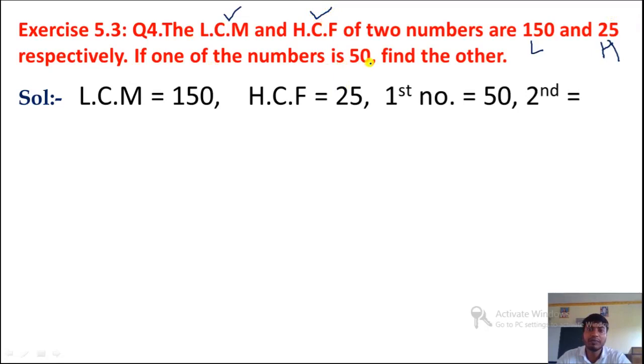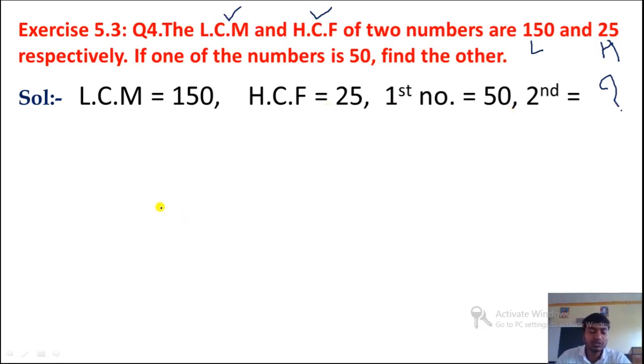If one of the numbers is 50, so this 50 we will assume as the first number. Then in this case we have to find out the second number. Clear to you? So we have LCM, HCF, first number, and the second number we have to find out.